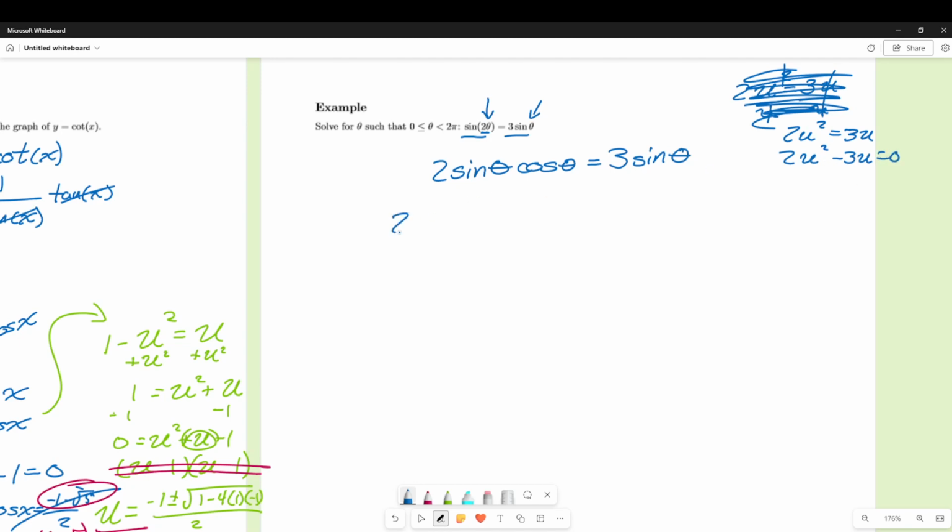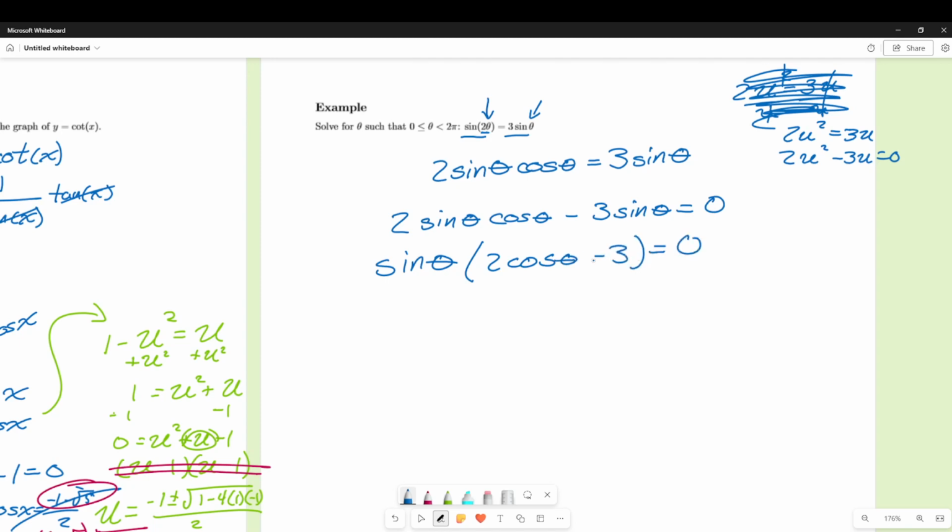So that's the same thing I'm going to try to do here. It's a little uncomfortable to have cosine here. It'd be nice if everything was just sine, but notice if we have that set equal to 0 and we factor out the sine theta, then we're left with a sine argument and a cosine argument that are now separated as factors and equal to 0.